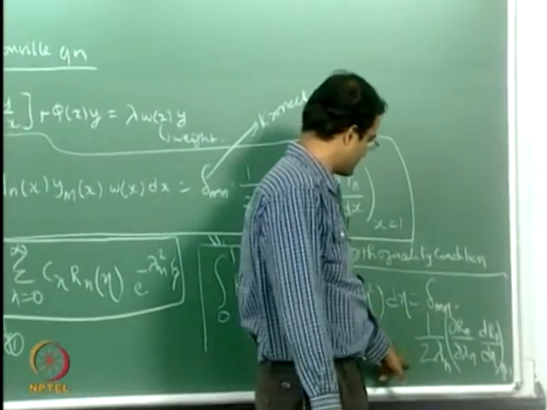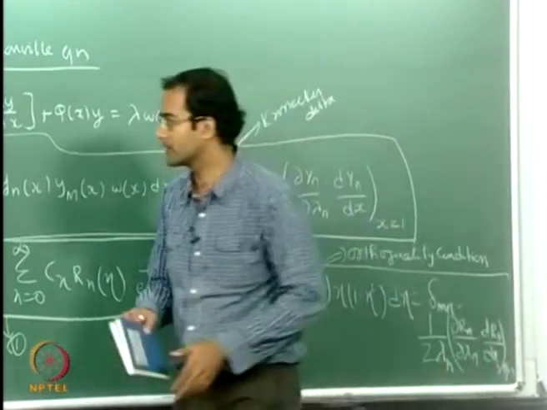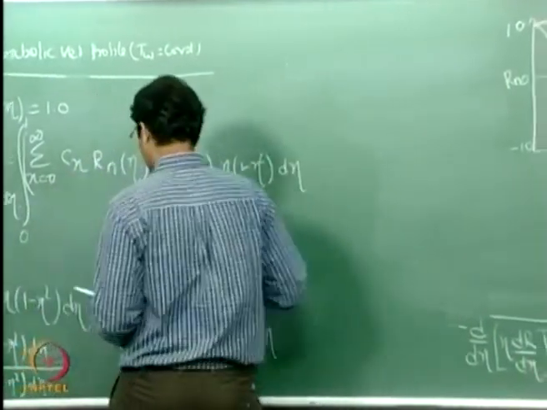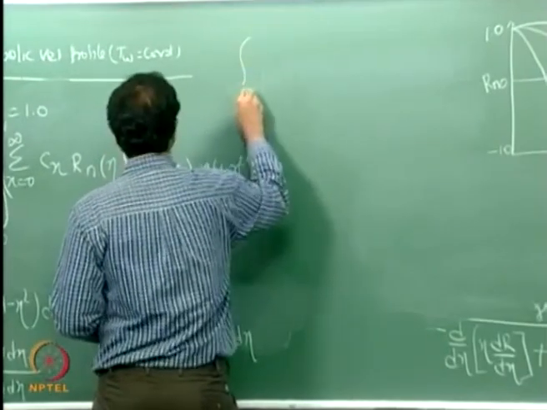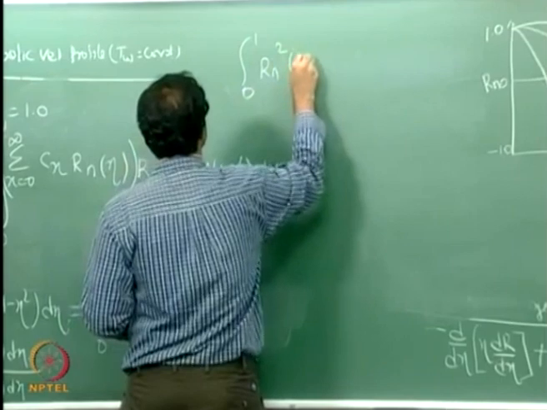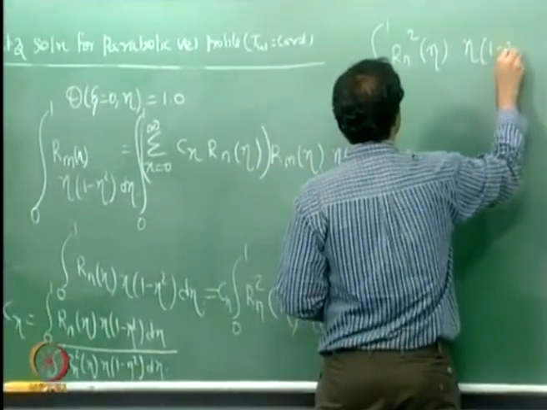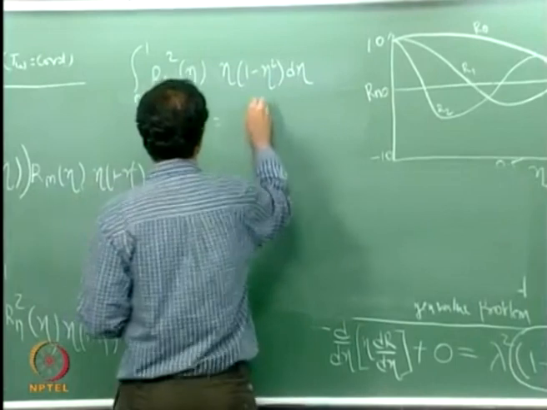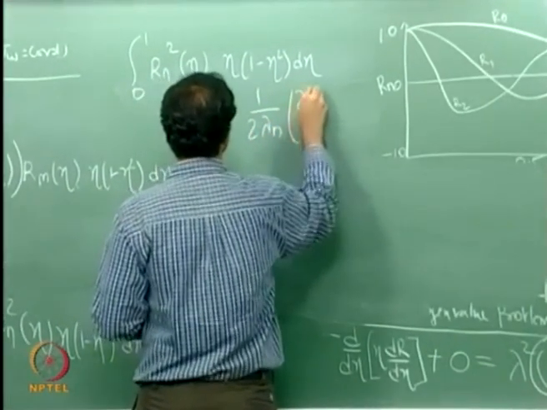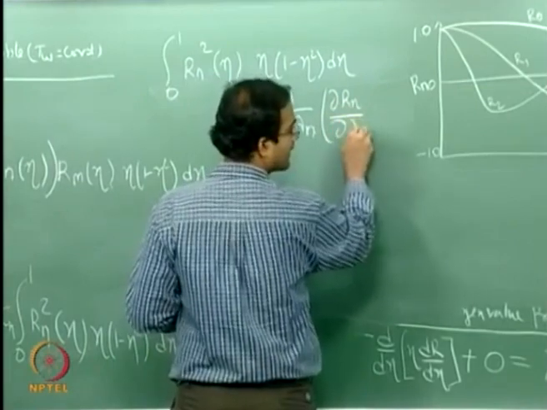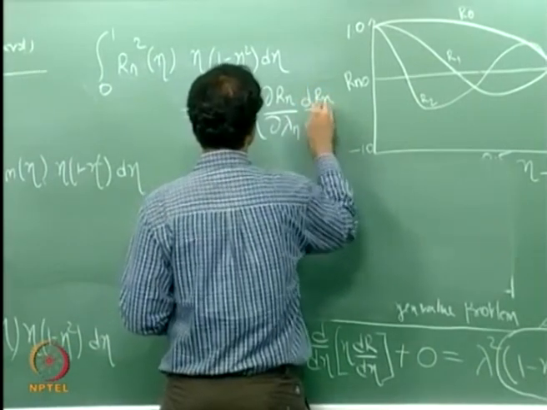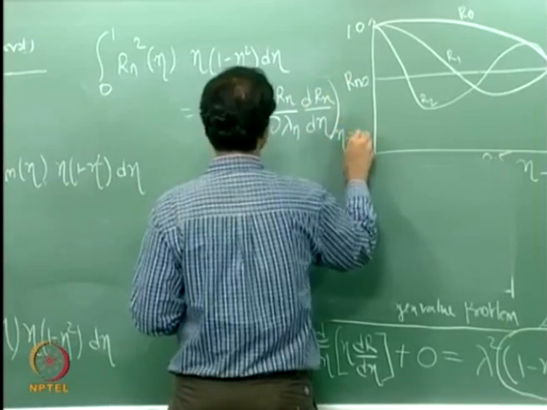I already know from the property of Sturm-Liouville system of equations that the denominator, integral 0 to 1 Rn square into eta into 1 minus eta square d eta, should be equal to 1 by 2 lambda n into dRn by d lambda n into dRn by d eta at eta equal to 1.